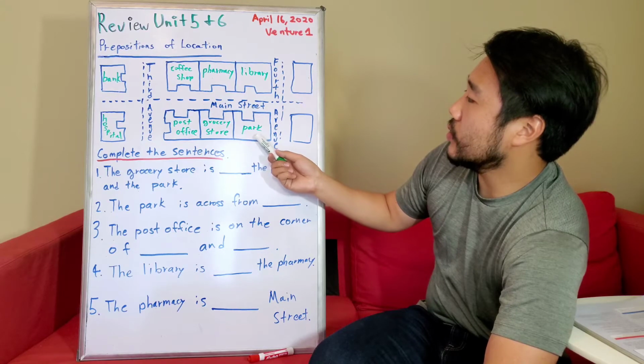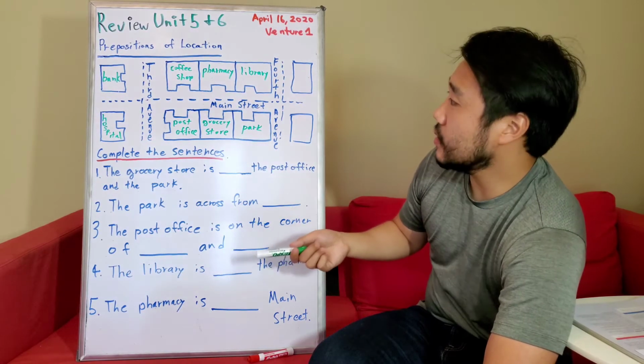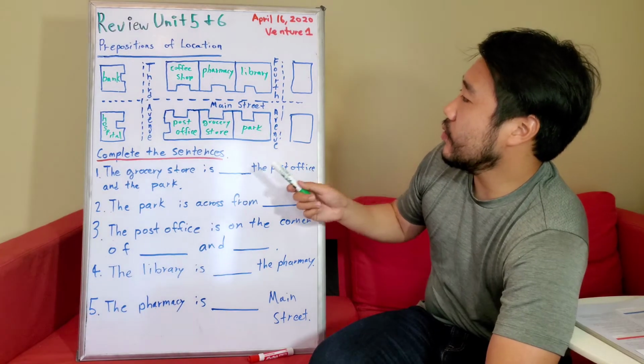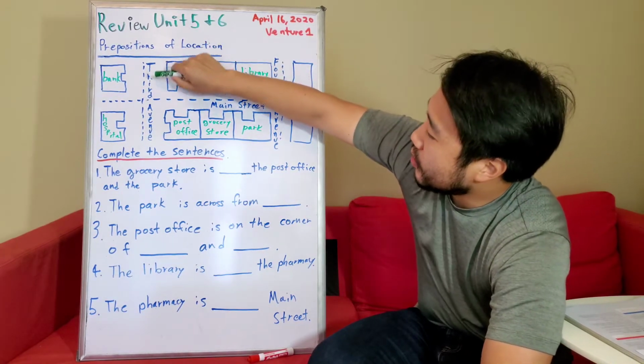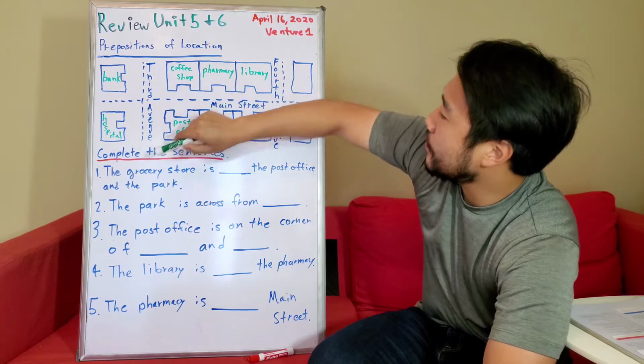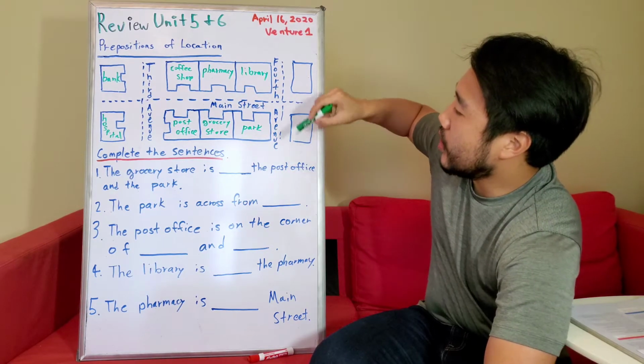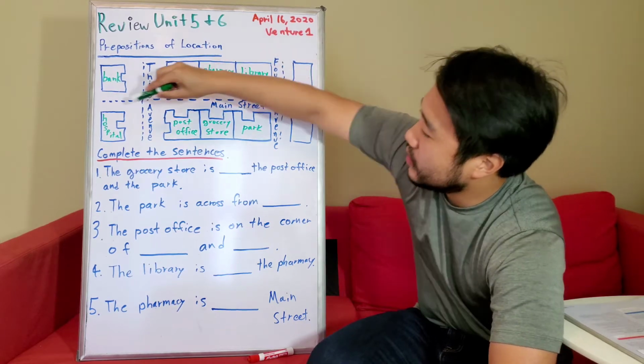So there are 1, 2, 3, 4, 5, 6, 7, 8 places, and there are 2 avenues. Here is 3rd Avenue right here, and 4th Avenue, and then we have 1 street, and it's called Main Street this way.